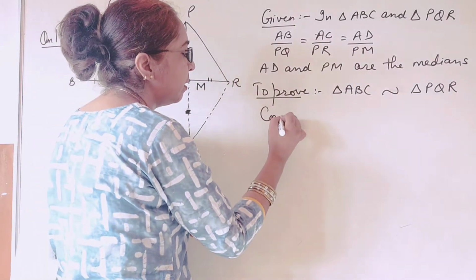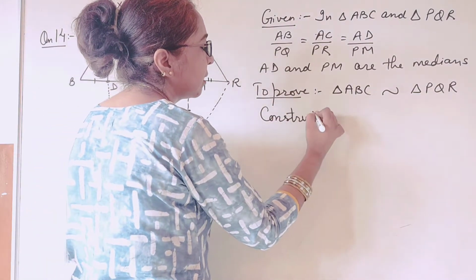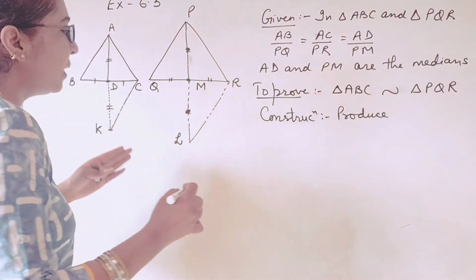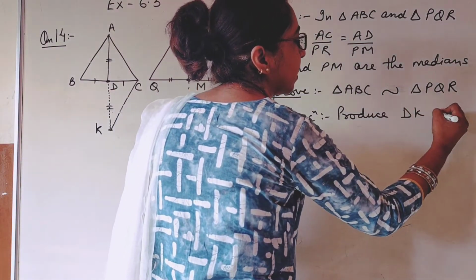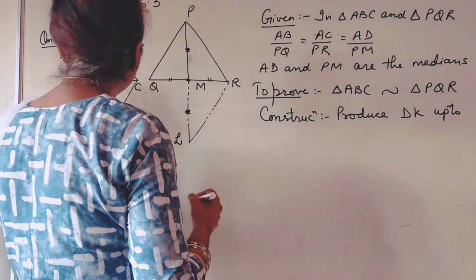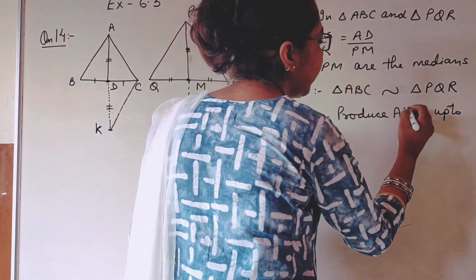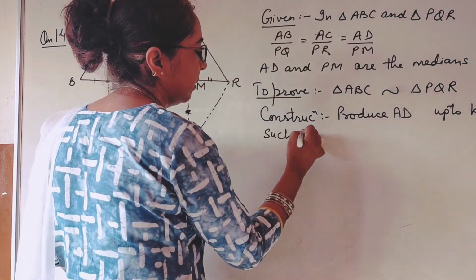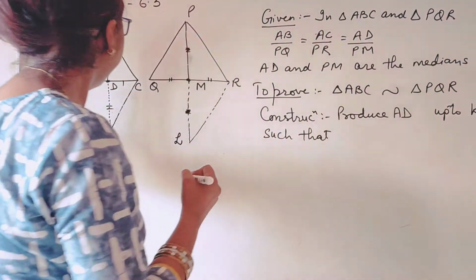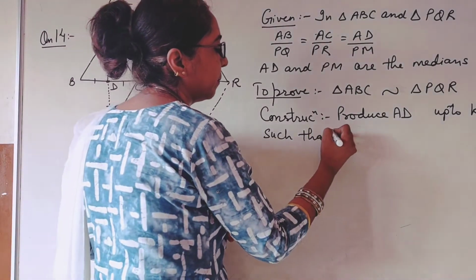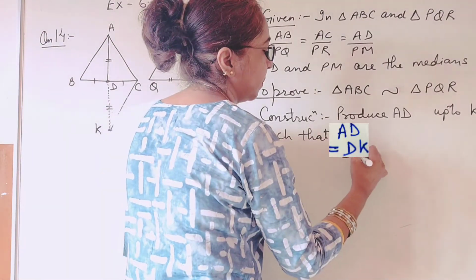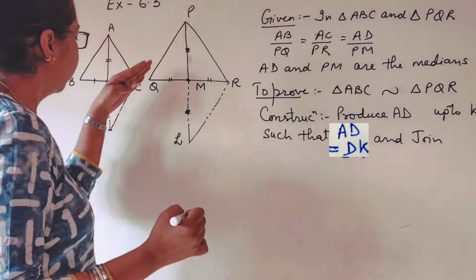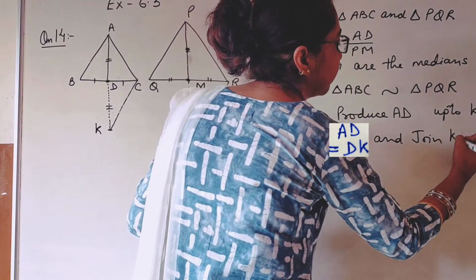So I have to write it here. Construction is: produce AD up to K such that AD is equal to DK and join KC.